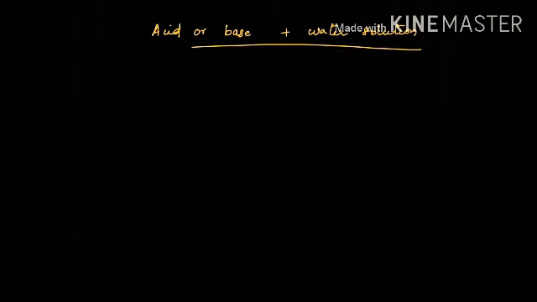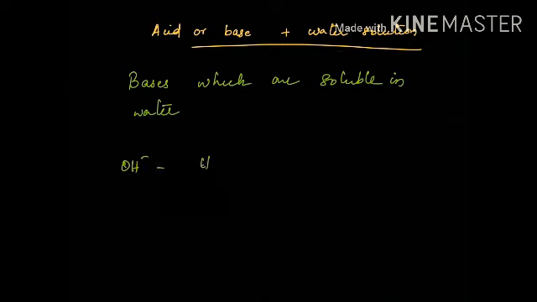Only those bases which are soluble in water can dissolve to produce the OH minus ions. What do we call OH minus ions? What is the name of it? Hydroxide ion, right? Hydroxide ion.